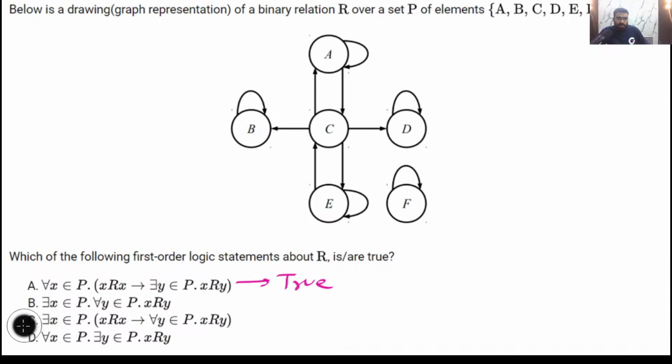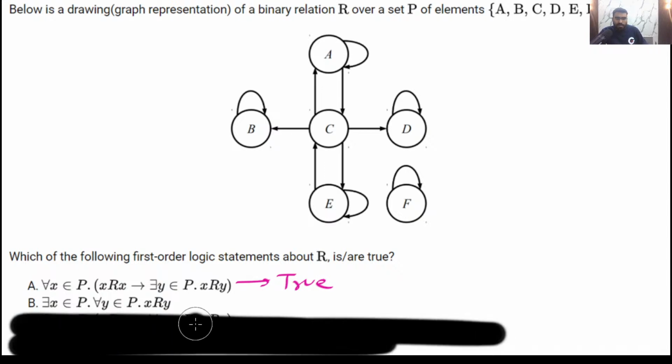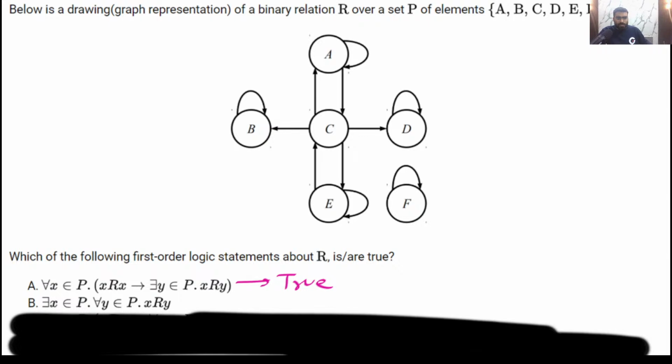What about option number B? Option B is saying there exists some element x such that for all y, x is related to y.